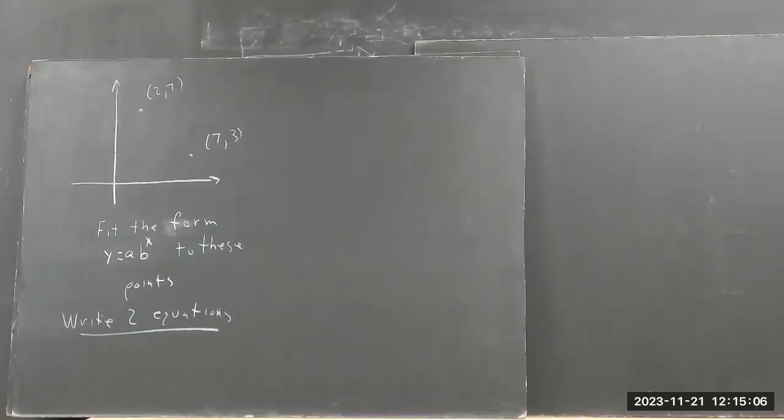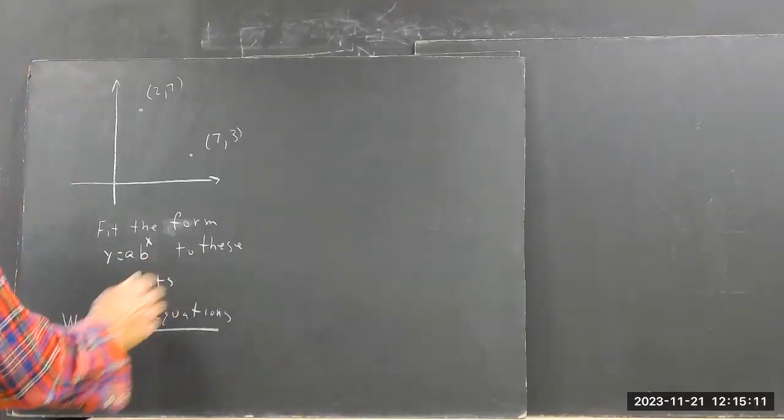Better rewrite that. There you go. Okay, so now I'm just going to ask you, what two equations do you get if you know that this is the form and you've got these points? Now, what I really want to do is just write the equations, and it's easy to do that.